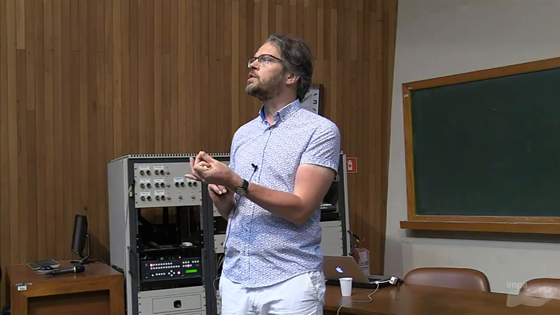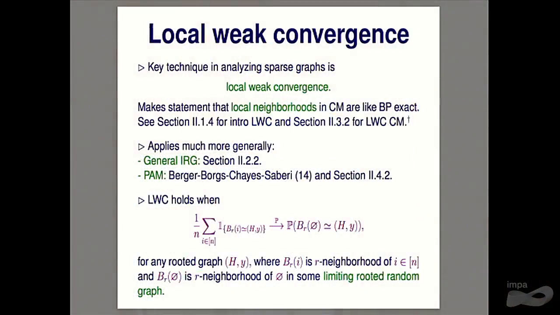And that branching process is, of course, its law is independent of n. So now we've somehow taken a limit. And local weak convergence makes that precise, makes that sharp. Okay? Here are a few references for where you can find proofs. And I will say something about local weak convergence for the configuration model.